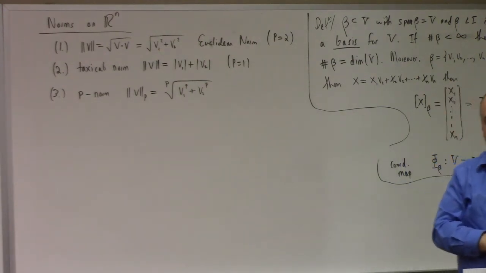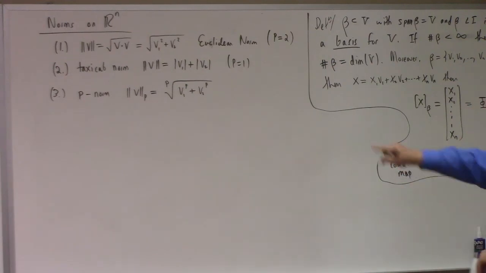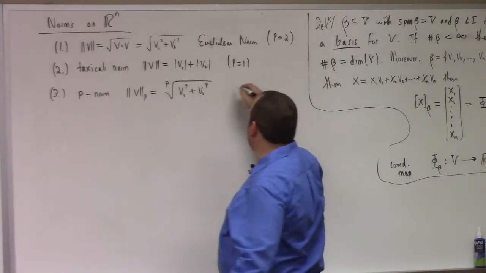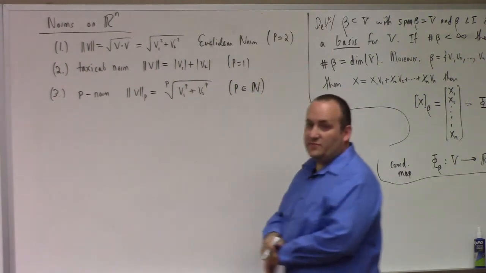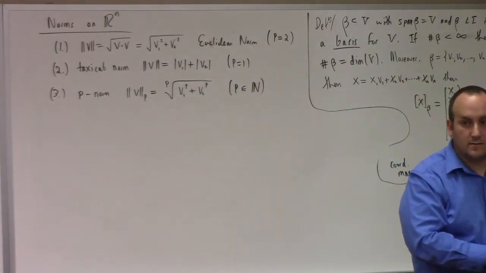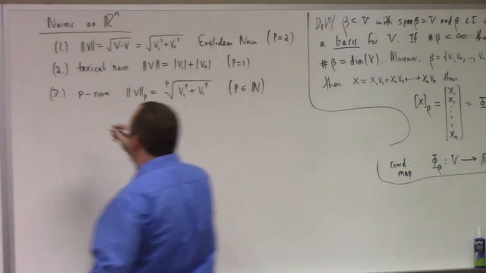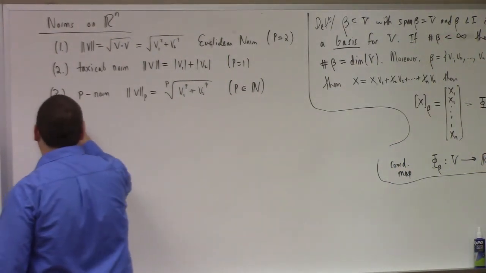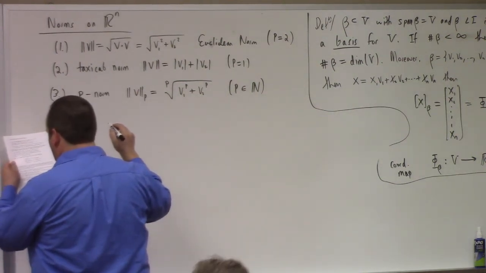Which P? Here P is a natural number. For each natural number you get a different norm. And then there's something called the sup norm, or I like to call it the sup norm, and sorry, it's really quite awful.